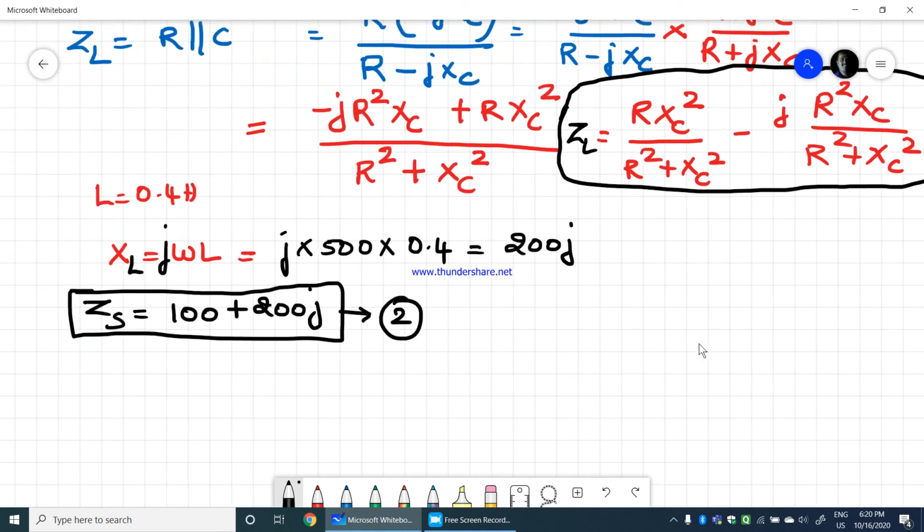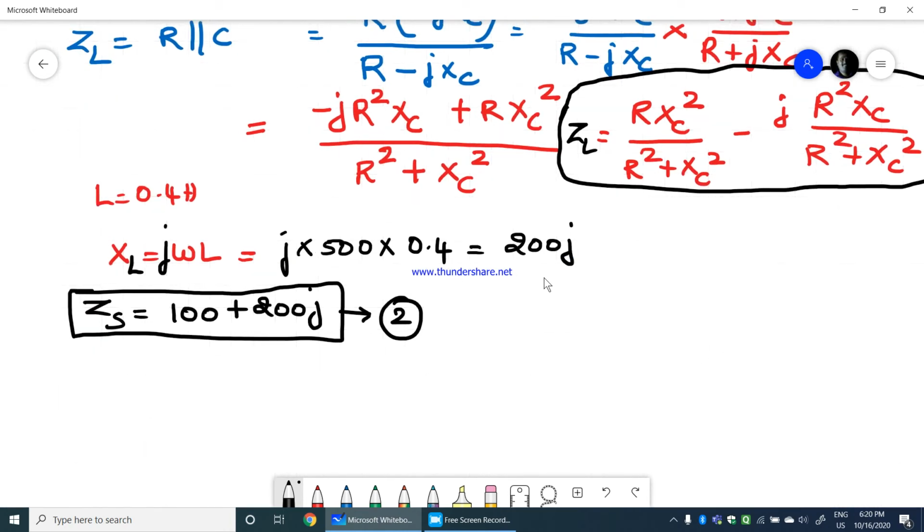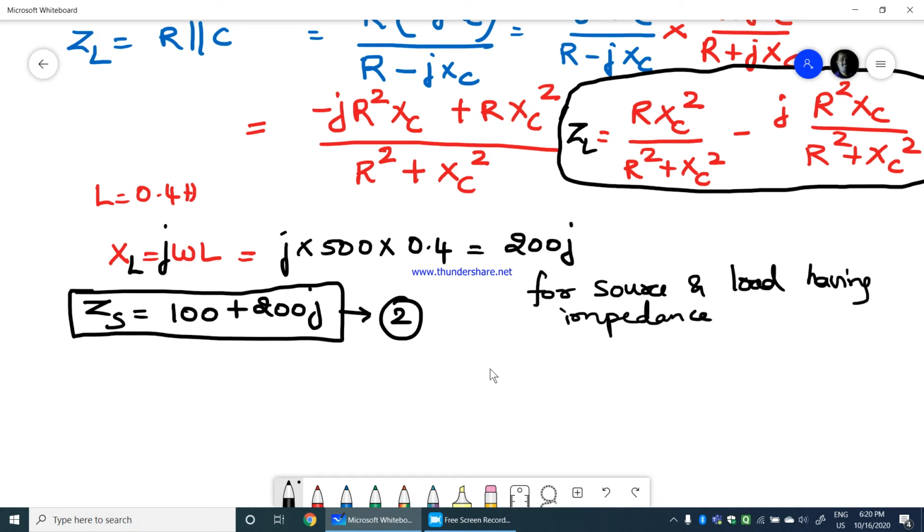For source and load, both are having impedance. What we did: ZL is equal to the complex conjugate of ZS.